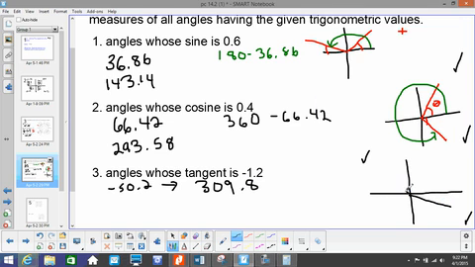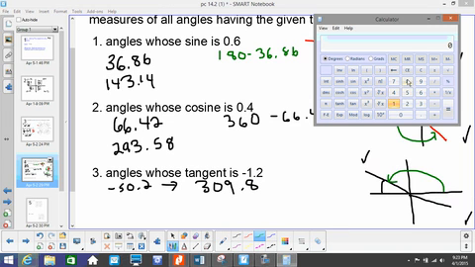We want to find the angle that would be in quadrant number 2. Well, that right there is 50.2 degrees. We want to go from the positive x-axis to that terminal ray. So that's going to be 180 minus 50.2. And I'm going to get 129.8.